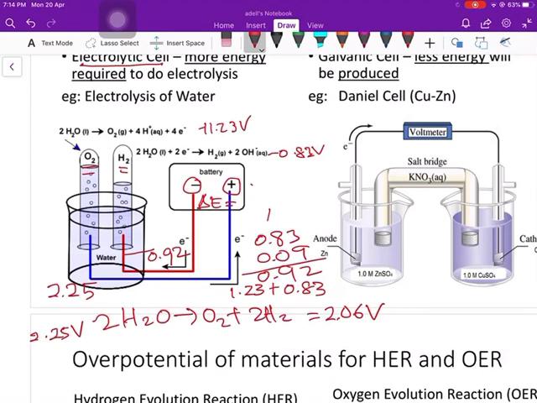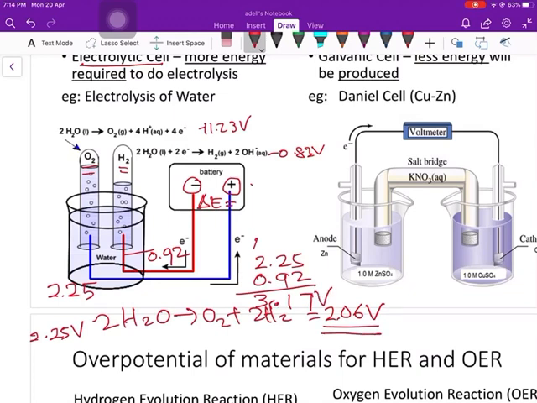So you just sum up the two half cell reactions. 2.25 at the anode and 0.92 at the cathode. So the new voltage required to be supplied is higher, 3.17, as compared to the theoretical 2.06.